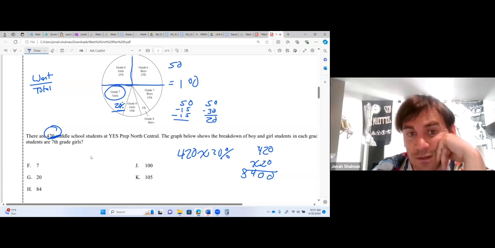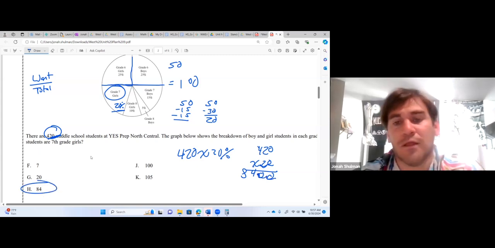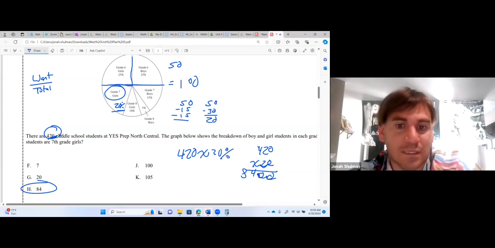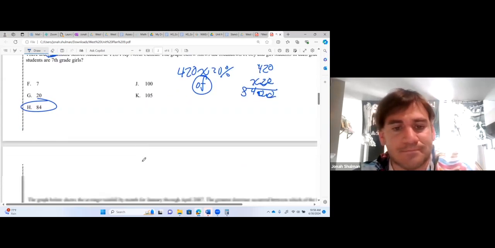So it's 8,400, and I have how many decimal places? 1, 2. I have 2 here. So how many students is it? 84. So that's one way. When it says 20% of, in math that always means to multiply, and that will give you the right answer. Cool.